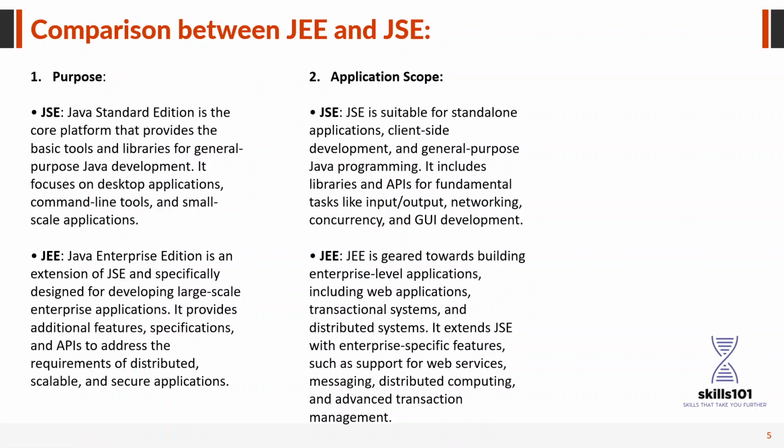So for application scope, core Java is suitable for standalone applications, right? Client-side development, or initially GUI development or networking tools we used to create with Java. Whereas Java Enterprise Edition and advanced Java are used for web services, messaging, distributed computing, and advanced transactional management.